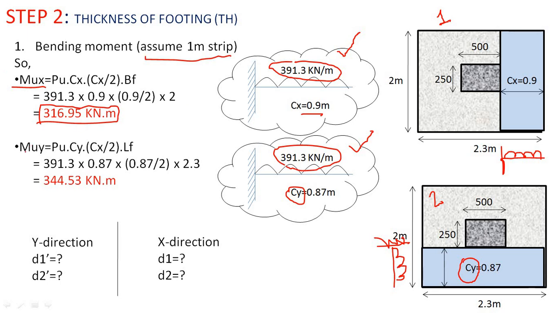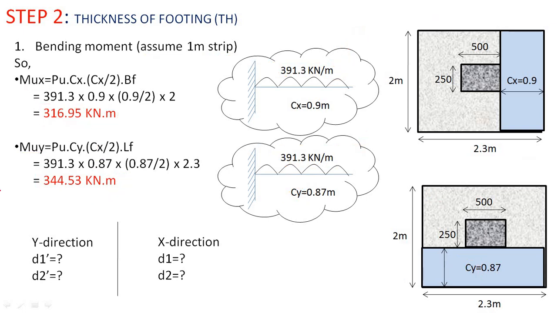Similarly we will find MUy, which is Pu into Cy into Cy by 2. It will be here Cy, it's my mistake. It will be Cy by 2 into the length of the footing. So we will have the bending moment in the y direction as 344.54 or 53 kilonewton meter. So we have completed with the moment.